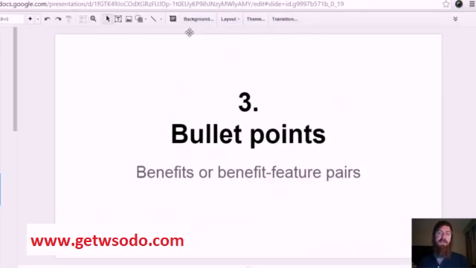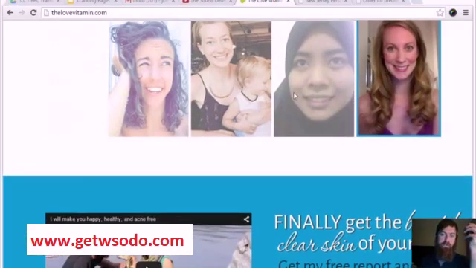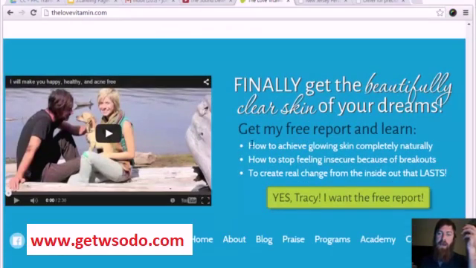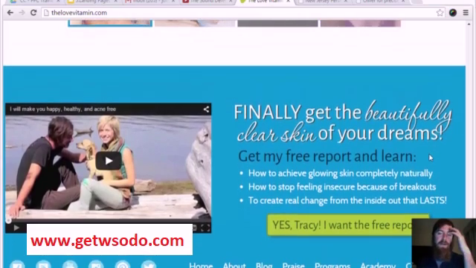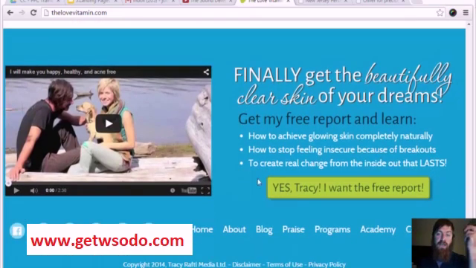To use some specific solutions for the love vitamin, a benefit-feature pair would be, "How to achieve glowing skin naturally" as the benefit, and then the feature, "using plants you can find in your garden." Or, "How to stop feeling insecure because of breakouts using one small meditation technique."